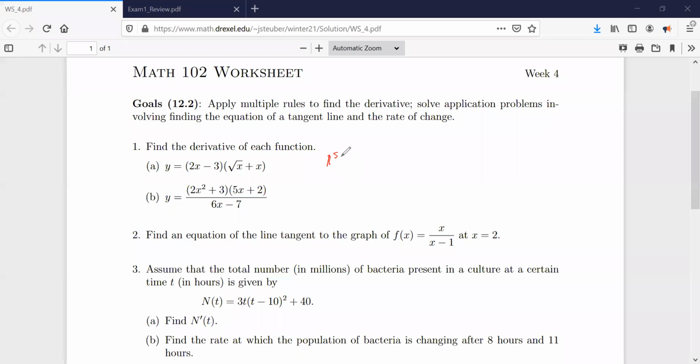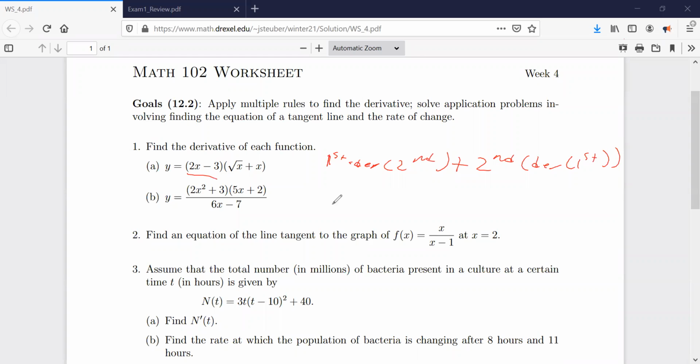The first times the derivative of the second. FOIL is not quite FOIL. It does kind of look similar to FOIL, but it's not quite. So it's the first times the derivative of the second plus the second times the derivative of the first.